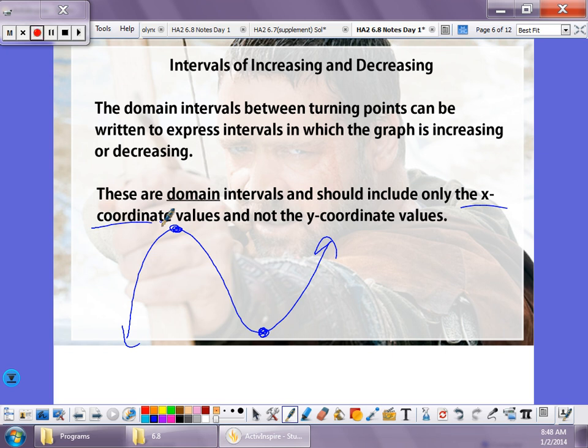So we'd say, okay, from negative infinity to, we'll say, maybe this is -1, it's increasing, okay? Because from left to right, that's going up. From -1 to 1, it's decreasing. And then from 1 to infinity, it's increasing again. So we go from our negative infinity to your turning point to turning point as many times as you have to, and then turning point to infinity.